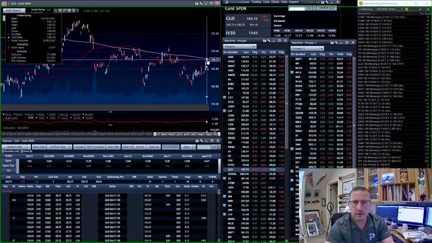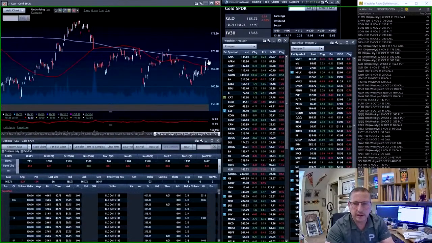Right here was our entry point, right around 168 on this blue line. When it hit there, we wanted to buy a downside play in gold based on the resistance level. So that's exactly what we did.